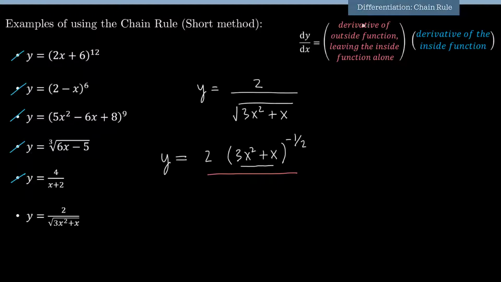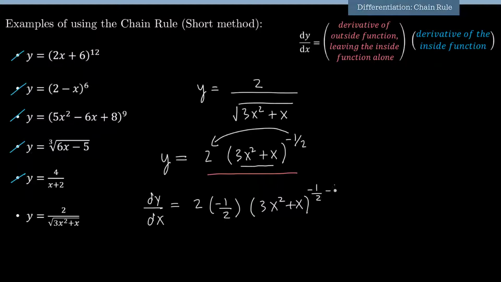First I am going to take the derivative of the outside function. So dy/dx is equal to 2 times negative 1/2. This power came down, and now I'm going to write the inside function as it is, so 3x squared plus x, but the power gets subtracted by 1, so minus 1/2 minus 1, and times the derivative of the inside function.